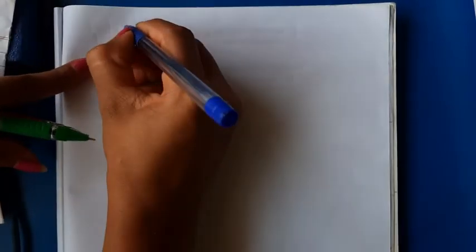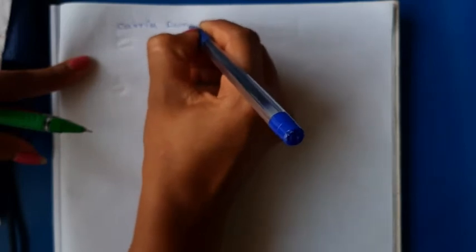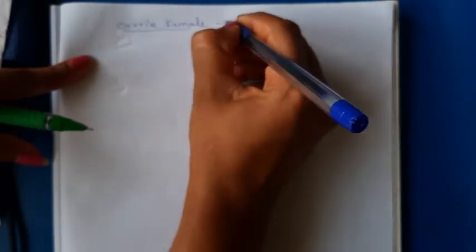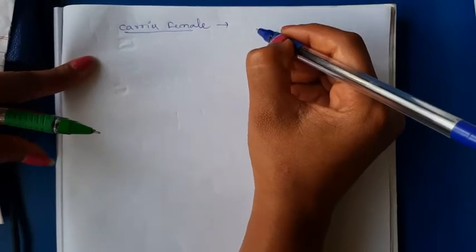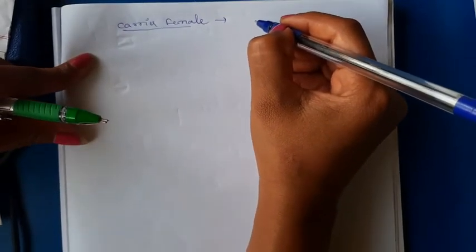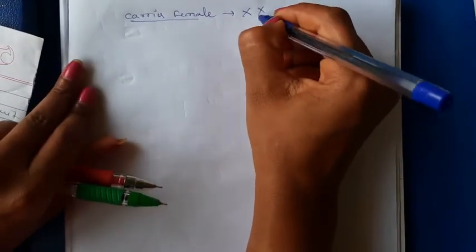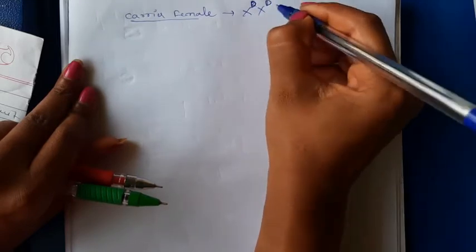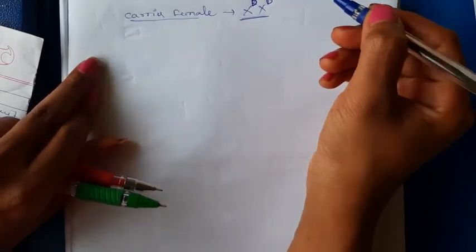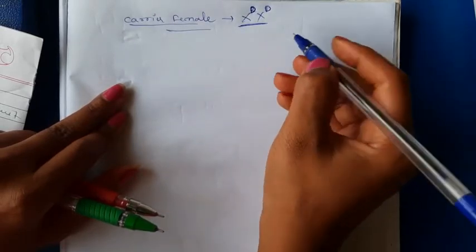Here a new term came: carrier female. First you have to understand this term. For expression of hemophilia, the royal disease, homozygous recessive condition is required. Homozygous means both X chromosomes must be defective, then only it can be expressed. But a female has two X chromosomes.